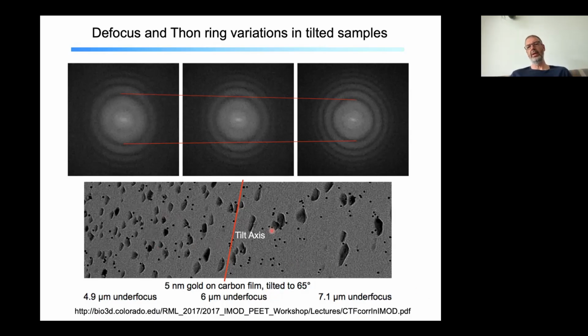So that's one thing that you have to be aware of when you're looking at tilt specimens: you have a defocus gradient across your image, depending on its relative height to the objective lens.